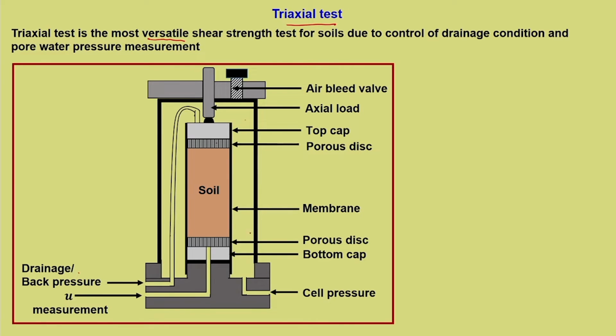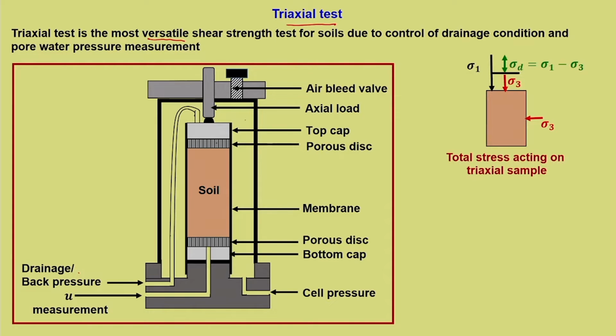So, when you fill this chamber with water for applying cell pressure, any entrapped air bubbles or dissolved air bubbles is forced further out through this air bleed valve. So, this is the overall setup of triaxial test.